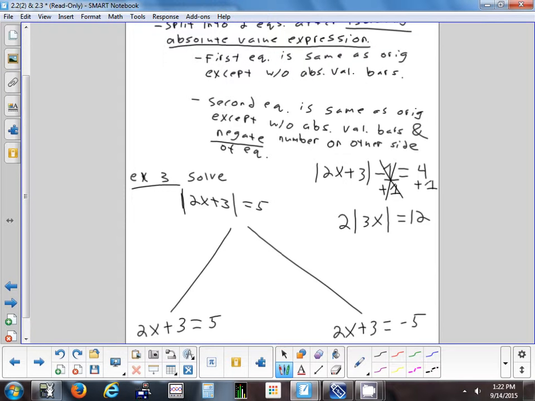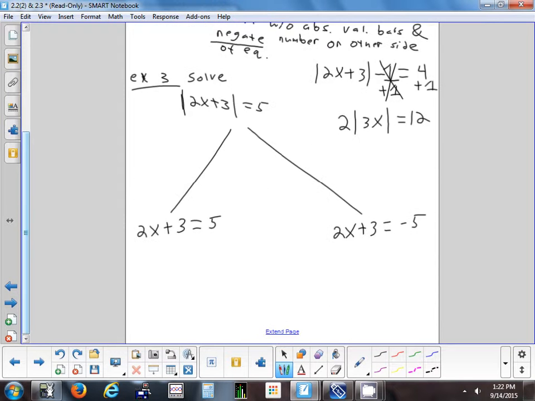Now we solve it. So in this case, we're going to get x equals 1. Minus 3 and divide by 2. And make sure you put "and" because these are both solutions.